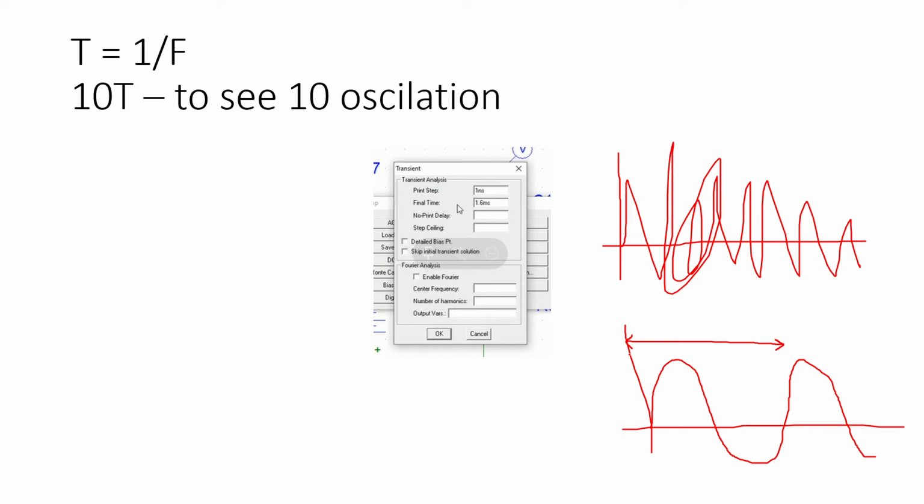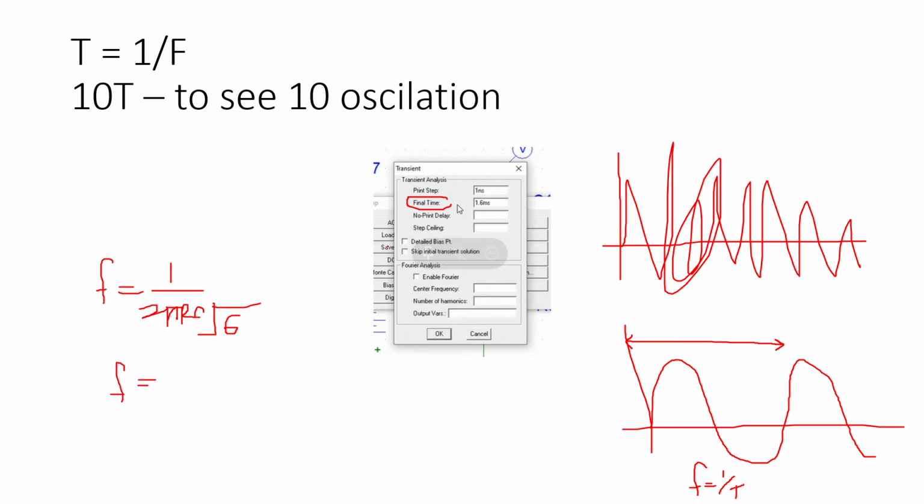The time will be equivalent to F, 1 over T. So how do we know? We know the R and C, and then we know the formula F = 1 over 2 pi RC square root 6, right?